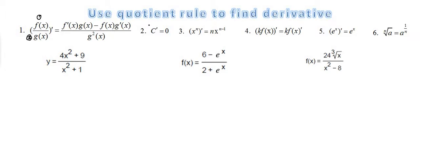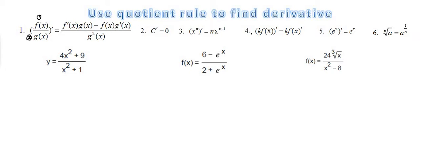I also list all the other possible formulas that we can use for the following examples. The second formula is the derivative of a constant equals 0, and the third one is the power rule: (x to the power n) prime equals n times x to the power n minus 1.